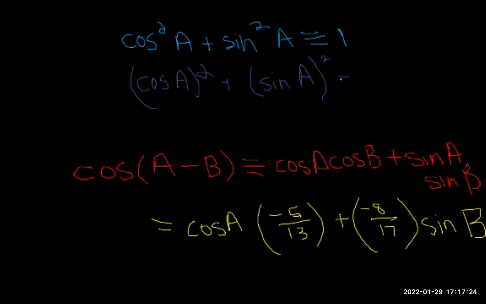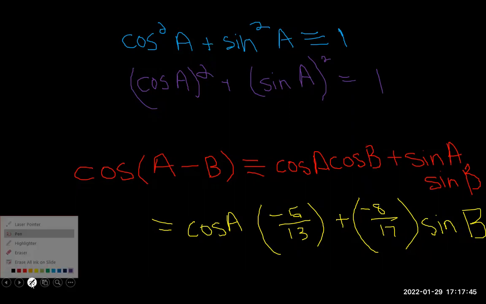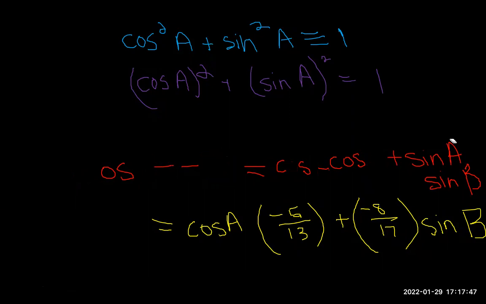Let me just put an equal sign for now. We're trying to find cos A, so we're trying to find this. But we have sine A. They gave me a value of sine A. They told me that sine A is minus 8 on 17. So if I substitute the value of sine A that was given, I would be able to find the value of cos A. So let me just erase this red part.